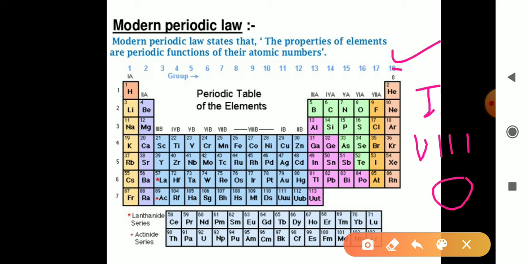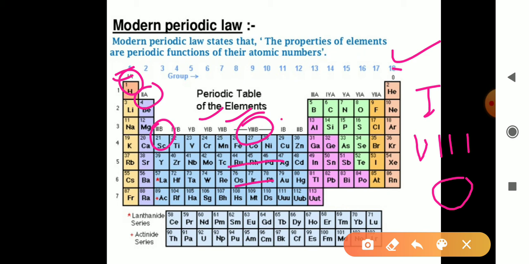So here you can see the Roman 1, so 1A, and again classified into subgroups, A and B. So first A, second A, then third B, fourth B, fifth B, sixth B, 7B, and here is the 8. 8 is not divided into A and B. 8 contains these 3 rows.